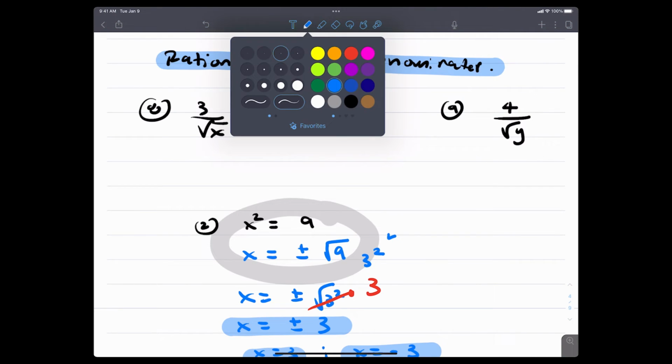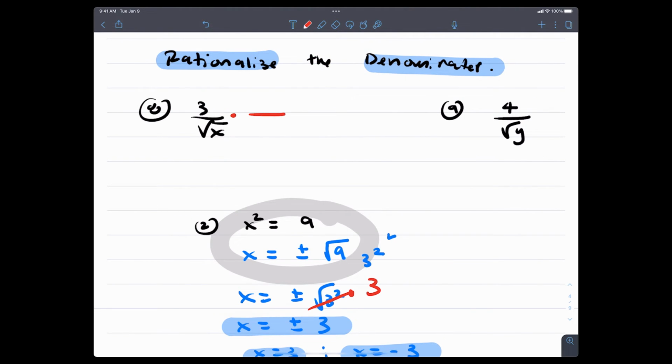What if it's a letter? What do you guys think we can do if it's a letter? Can I do the same thing? What will that equal? Okay, the radical's gone from the denominator.